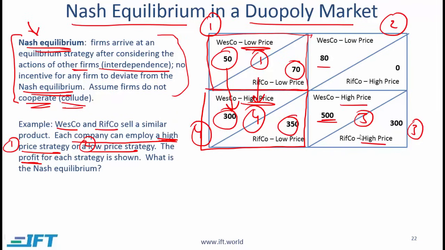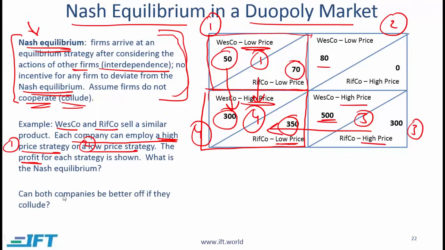So Rifco again is looking out for its best interest, so it's going to change its price to low price. Wesco will maintain high price, and we will end up again in box 4. So notice, no matter where you start, you will end up in this particular box, and that is the Nash equilibrium with these assumptions.